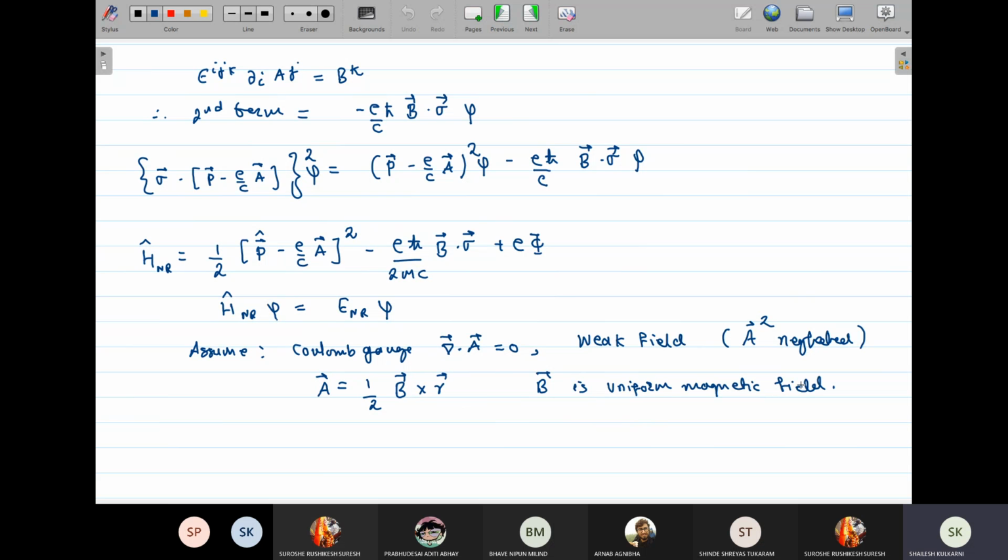Now let us switch off the vector potential and keep only the scalar potential, this phi. And let us for the moment assume that this is the inverse square potential, 1 over r.